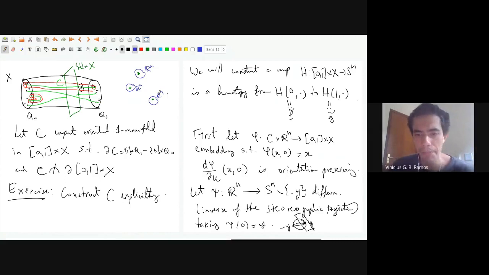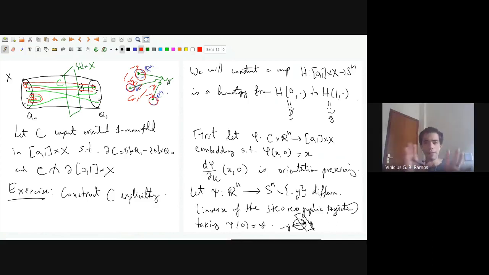Then I choose a mapping from Rn to the sphere, which is going to be the inverse of the stereographic projection. I'm going to take the green points to Y, and then I'm going to map the rest of each of these little neighborhoods to the whole sphere, missing a point minus Y. On the boundary here, I'm mapping everybody to minus Y, and outside of these neighborhoods, everything is going to minus Y. Okay, so that's what I do for the slice, as long as C is transverse to the slice.